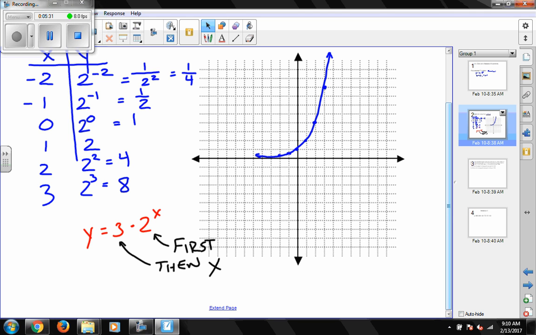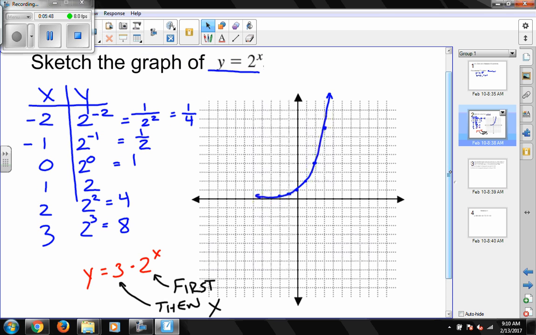Okay, so it doesn't matter what numbers I give you. You're going to go through this process of making your XY table. Just make sure you do your exponents first, which should make sense from our order of operations, and then multiply by whatever number is out front. In the case of our example here, that number out front is just 1.